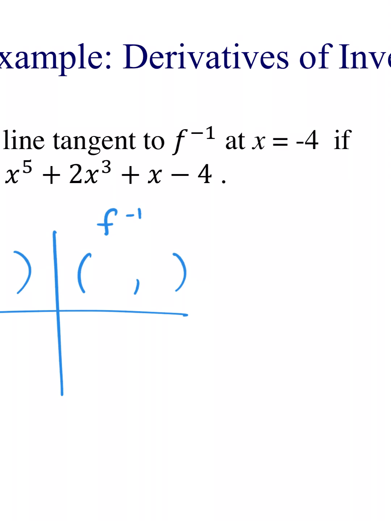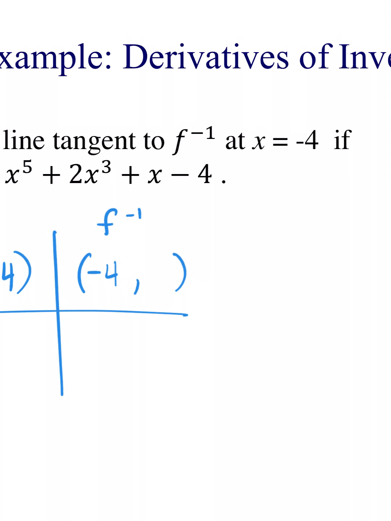Is it the x value of which of my functions? It is the x value of the inverse, which means it's the y value of the original, which means I should be able to figure out what the x value is that goes with it.